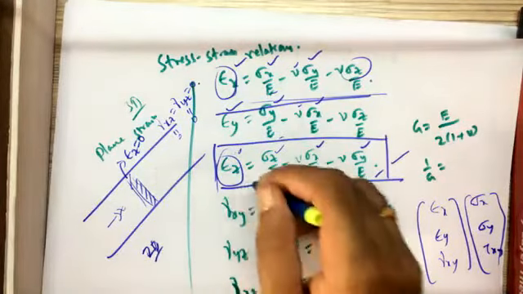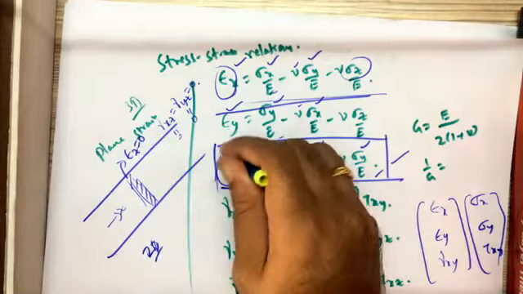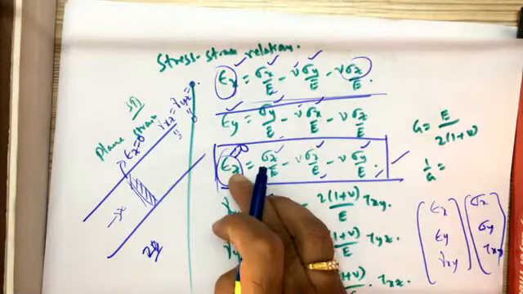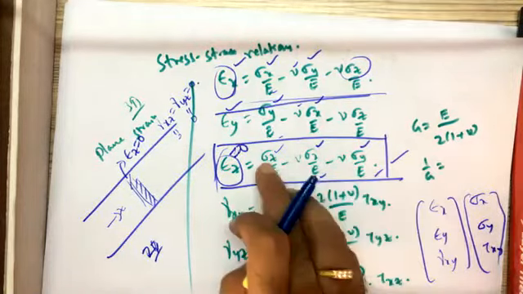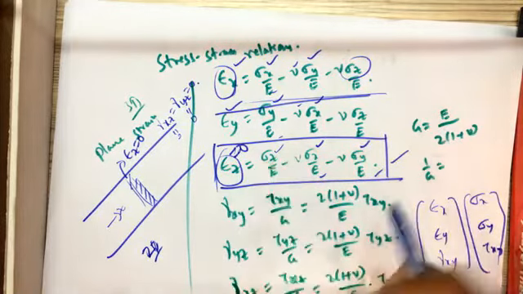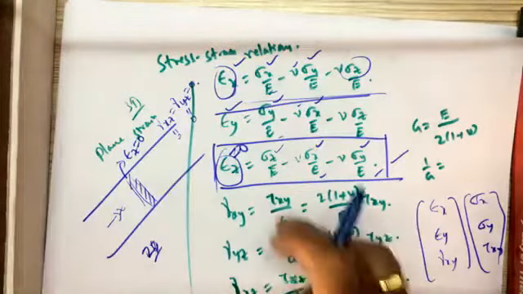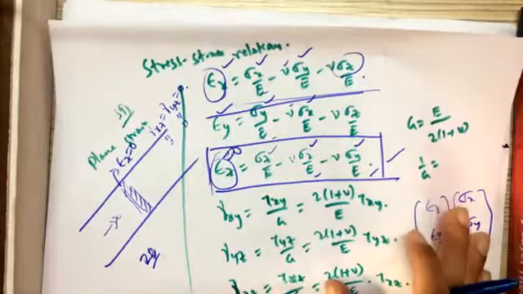But here, because it is plane strain, I can substitute epsilon z as 0, so there will be only one unknown, sigma z, and I can get it. That is the reason I haven't taken any other equation.